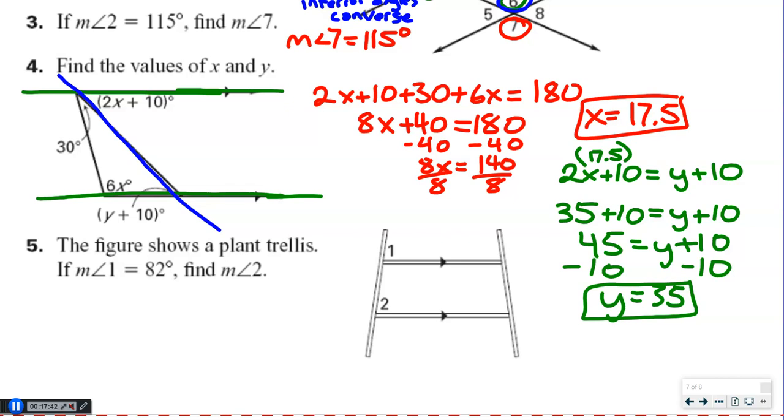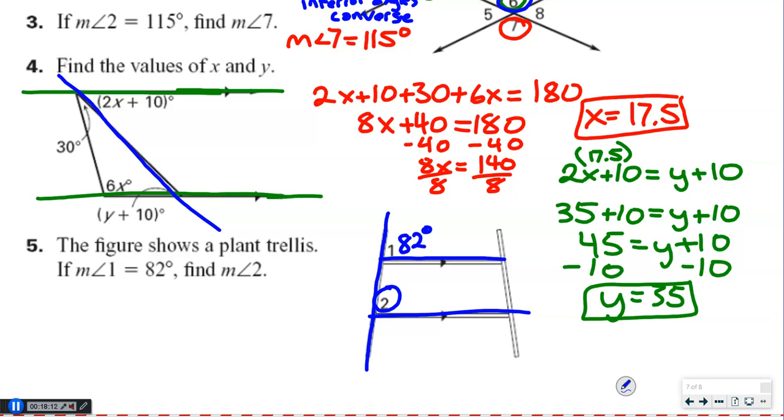Then number 5, the figure shows a plant trellis, and if the measure of angle 1 equals 82 degrees, we need to find the measure of angle 2. So the measure of angle 1 is 82 degrees, and we want to find the measure of angle 2. We can see that these are parallel. This would be our transversal.